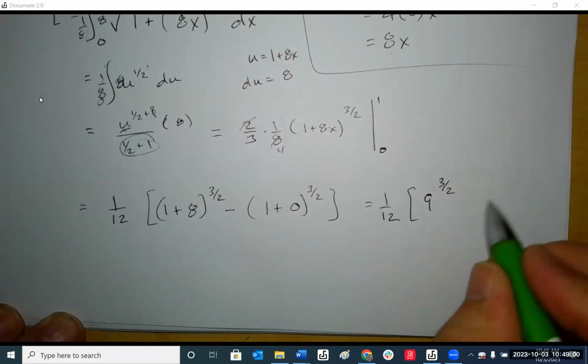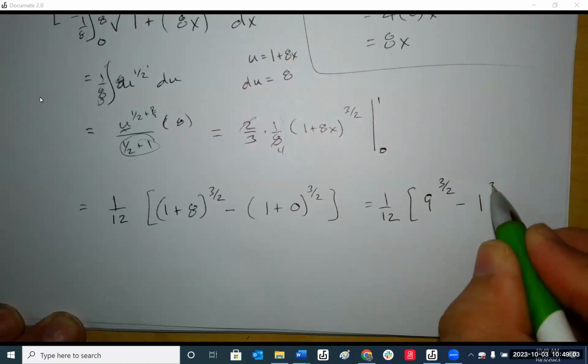Nine to the 3/2 power, 1 to the 3/2 power.